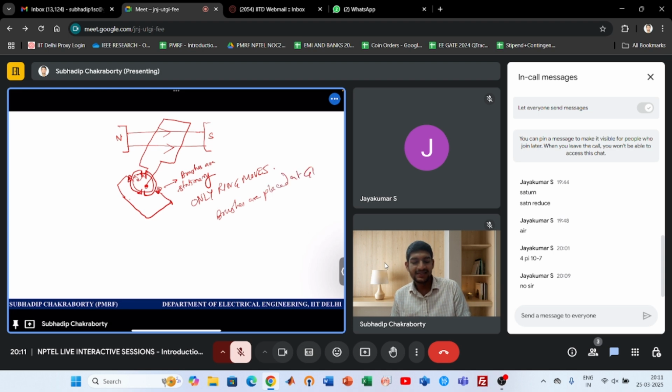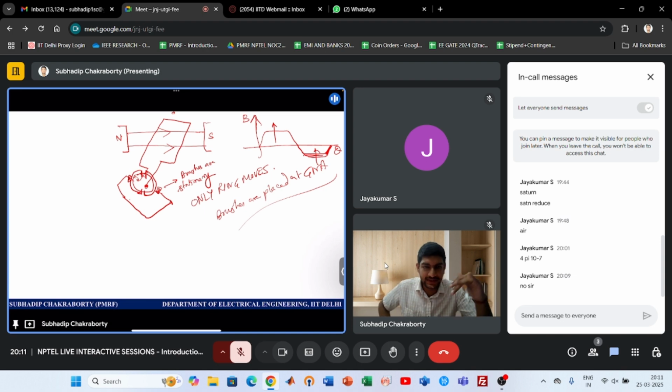at GNA. GNA is nothing, don't get afraid, it is a point where the flux is zero. So if we start from theta, how will the flux look? Here there is no flux. So flux starts like this and ends like this, right? Because from one point flux is getting generated, at another point it is entering. So I drew it in the opposite.